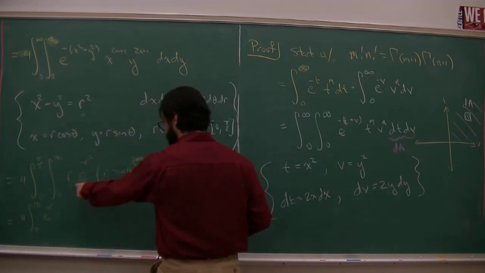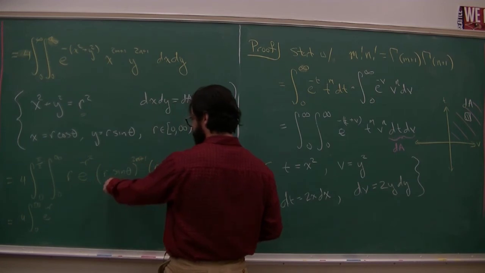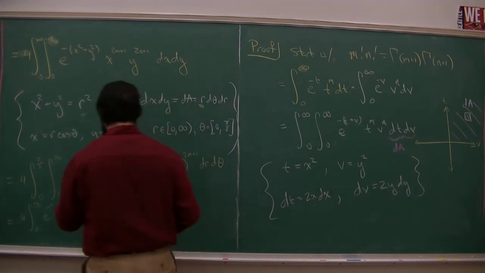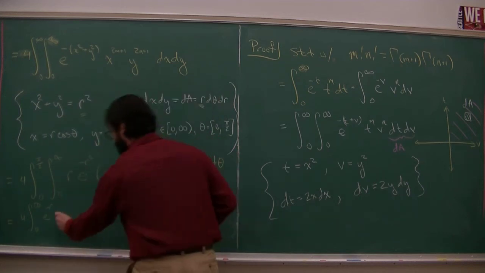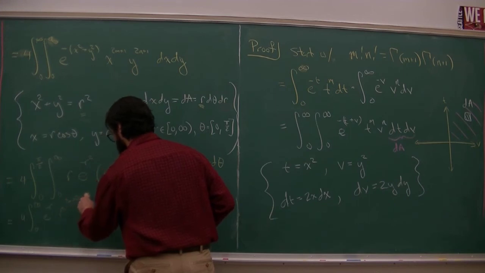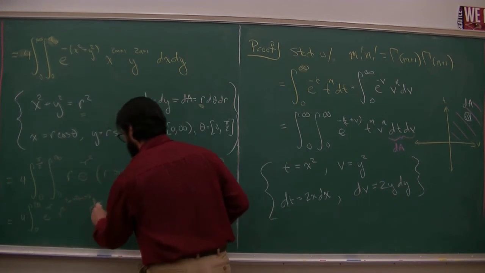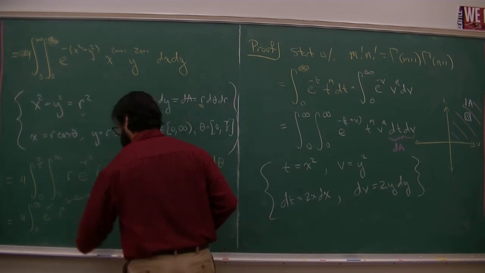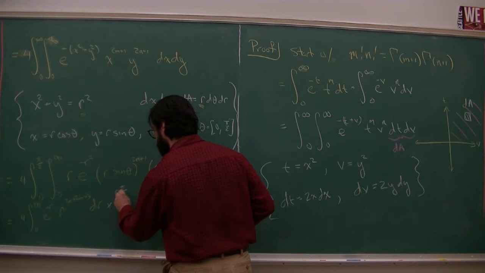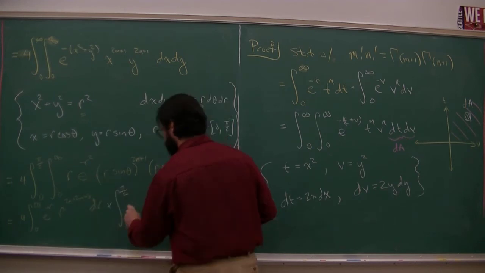So we have r, but then we have 2n plus 1 more r's, and then we have 2m plus 1 more r's. So all in all, we have r to the 2n plus 2m plus 3 power dr. Completely off the rails. This is so terrible. And then pi over 2, all of the trigonometric bits.